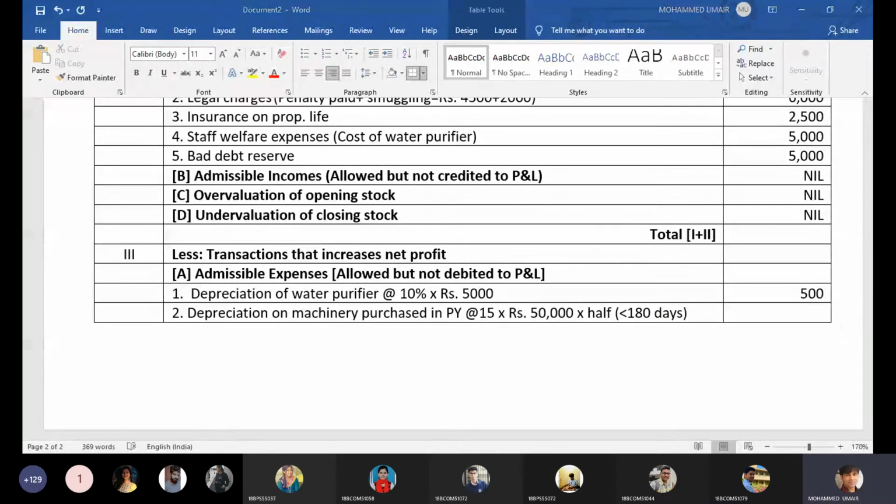So let's calculate the amount. So you get 7,500, of which 50% is allowed. So you get 3,750.